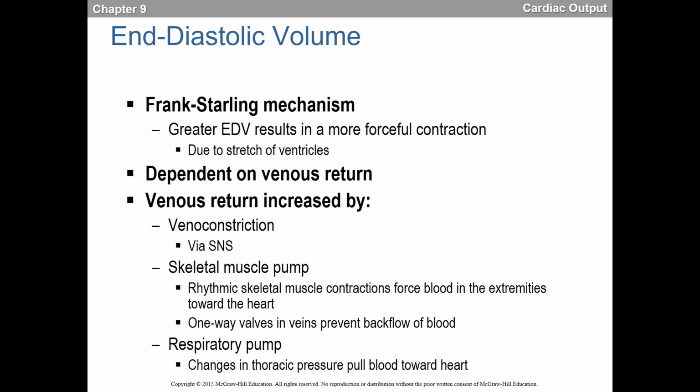Now, the Frank-Starling mechanism is actually dependent on what's called venous return. So how much blood is being pumped back into the vena cava, the pulmonary circuit, and subsequently back into the left ventricle. We get more venous return based upon three different things. First, venoconstriction.